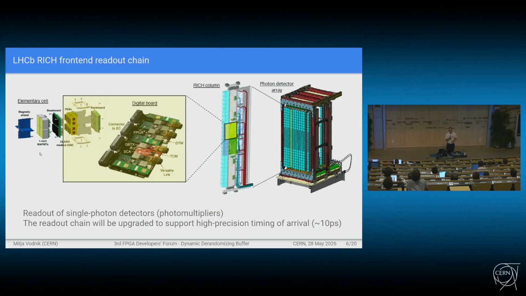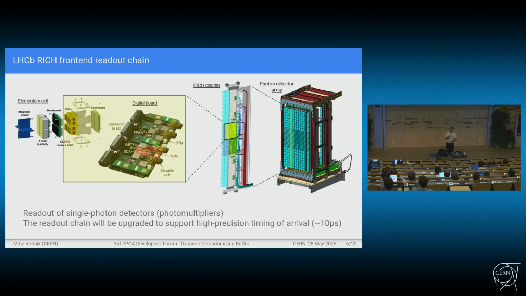These detectors are read out by the front-end ASICs, and then the data are sent through a CERN-developed radiation-hard protocol over optical fibers to the backend. These ASICs will be upgraded in the following years to support the high precision timing that Eduardo was already talking about. For this particular detector, we want around 10 picosecond precision.